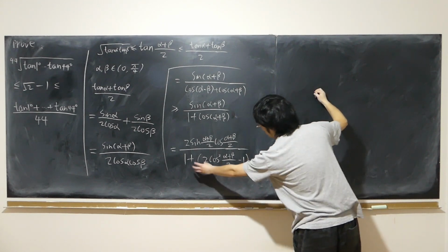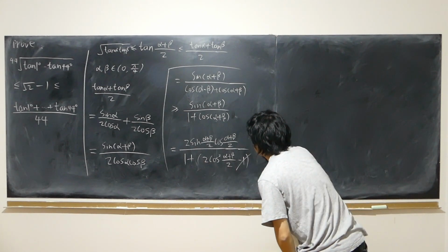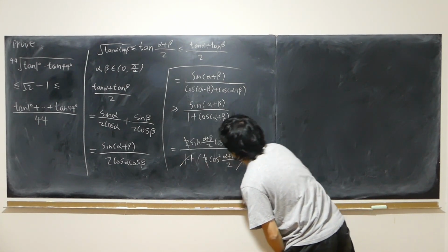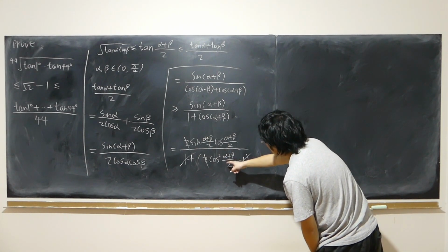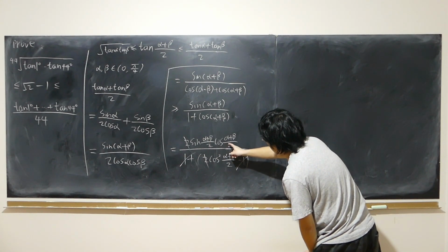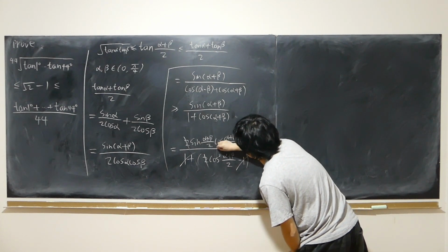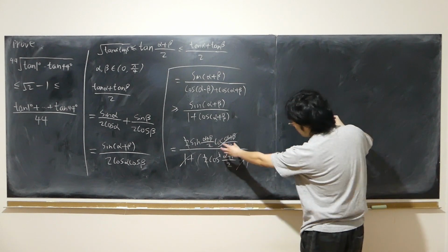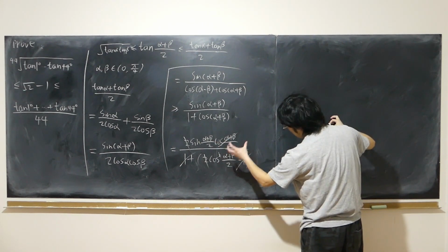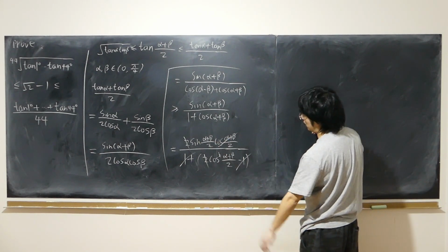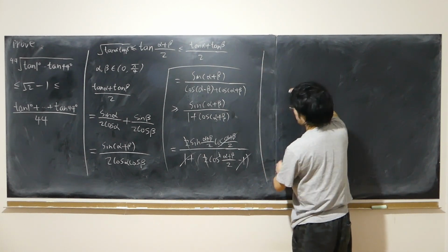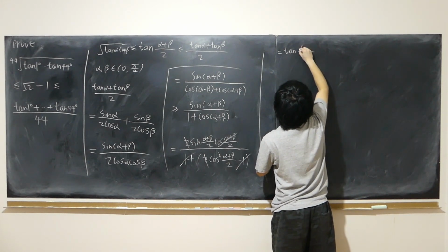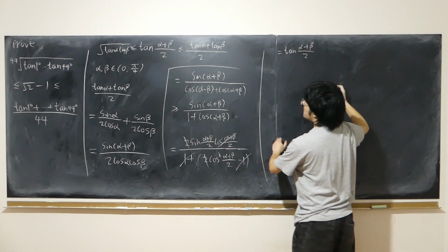So that the minus 1 just cancels out, and the 2 just cancels out. And cosine square half of alpha plus beta over cosine half of alpha plus beta, they can simplify down to just one of them. Right? So again, sine half of the angle over cosine half of the angle equals tangent half angle. Tangent half of the angle sum. Right?